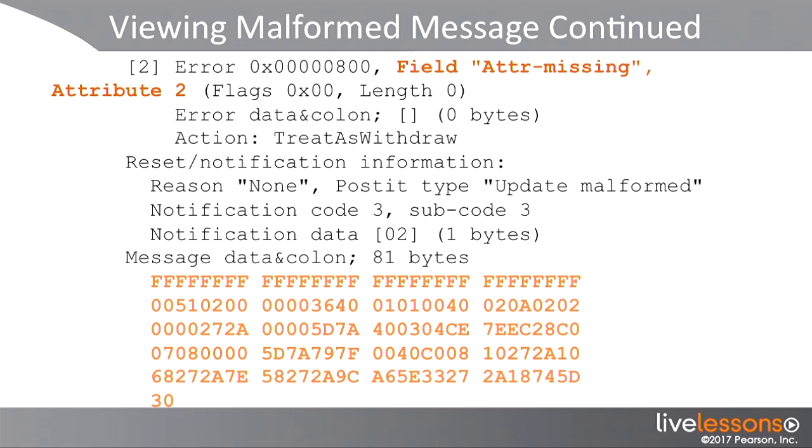This is what can be used further to decode the BGP message and understand what wrong information or what kind of malformed update the router has received and the reason why it is throwing a message dump on the screen. So this was how you can decode or see the malformed messages on IOS XR.